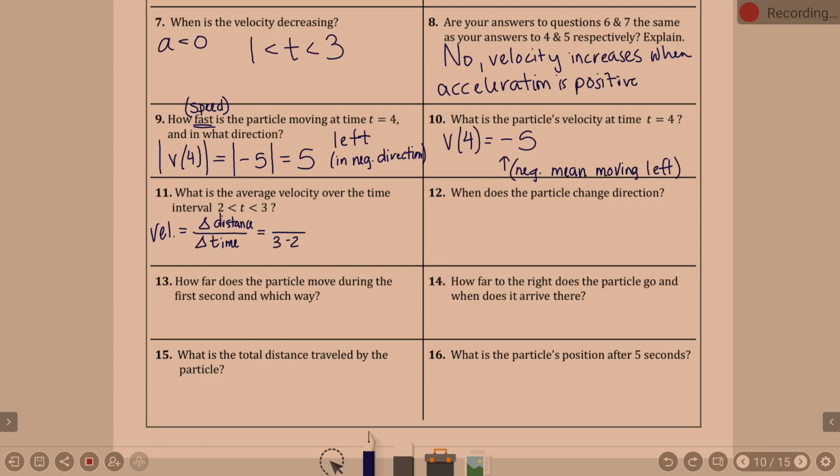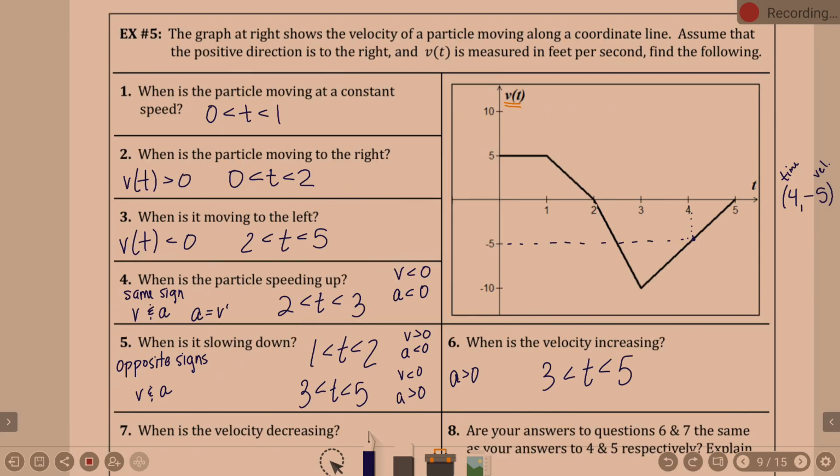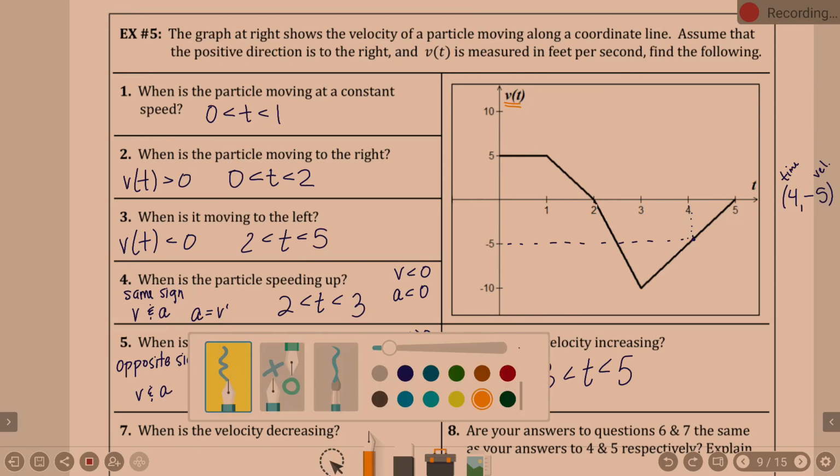So for a velocity graph, to find the total distance traveled, we're going to find the area under the graph in that interval. Okay? So we're trying to think area. Now, what do we know about 2 to 3? What do you see there?